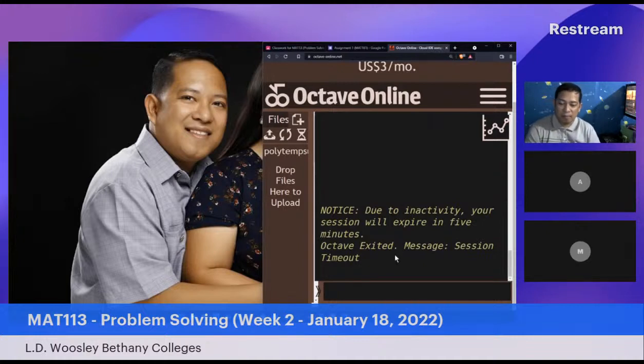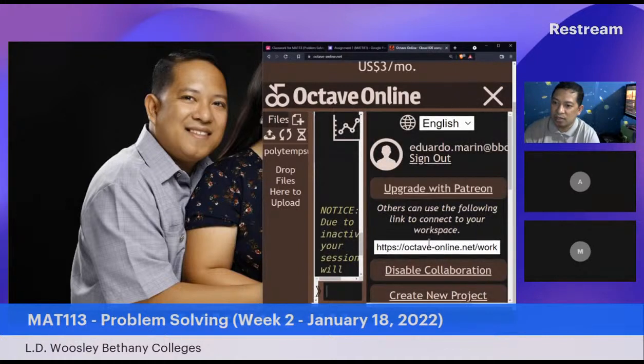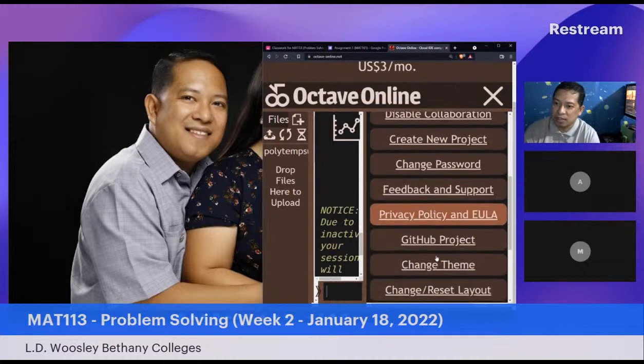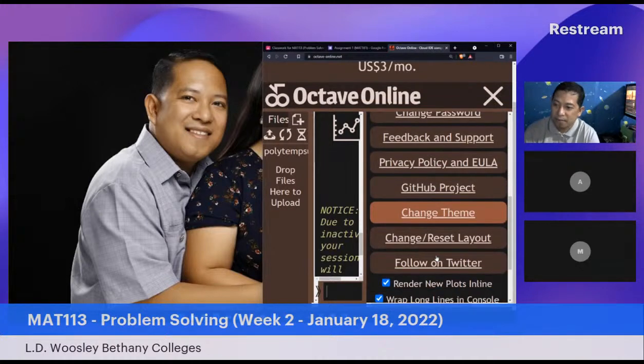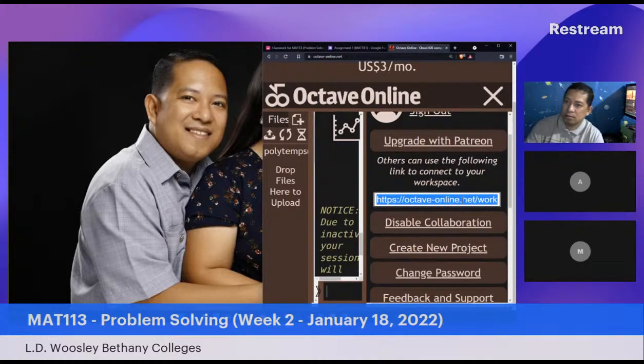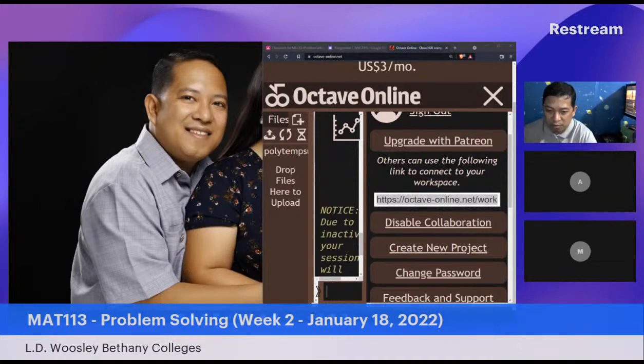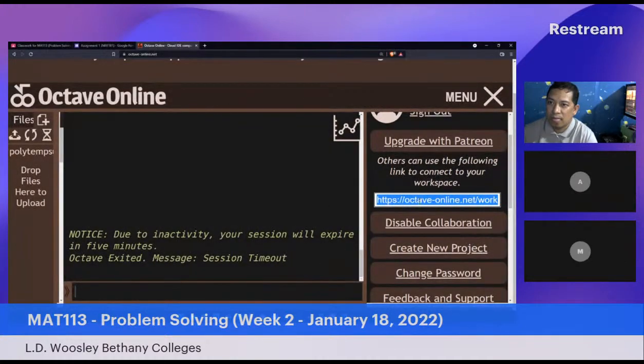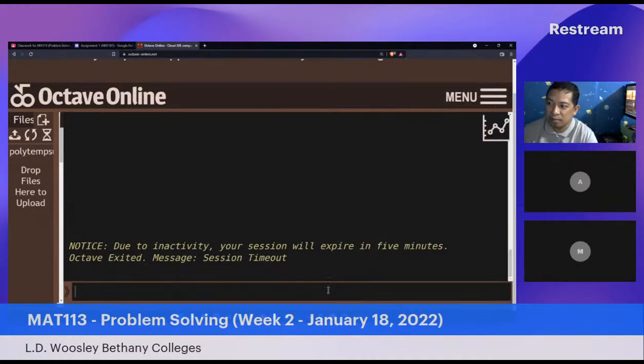It's easy to create an M file, as we have seen. So I will just share this to you on our private chat. This is my workplace now, where we could make use of Octave as an online platform for solving.